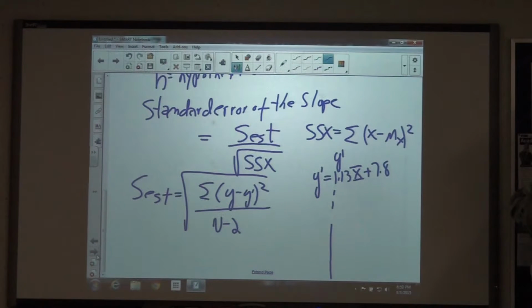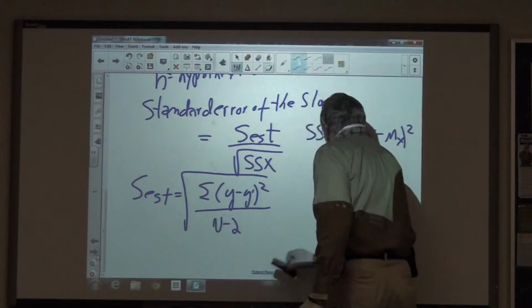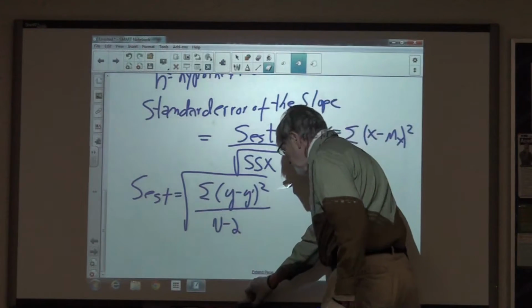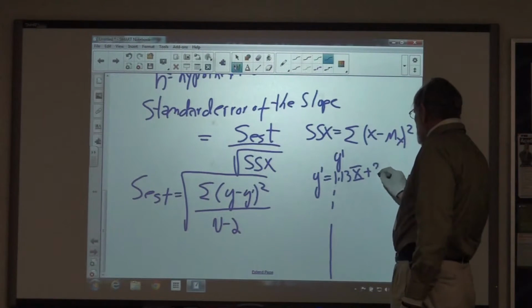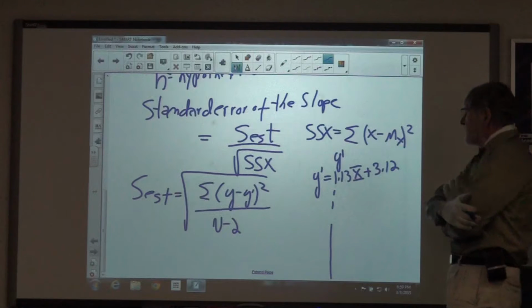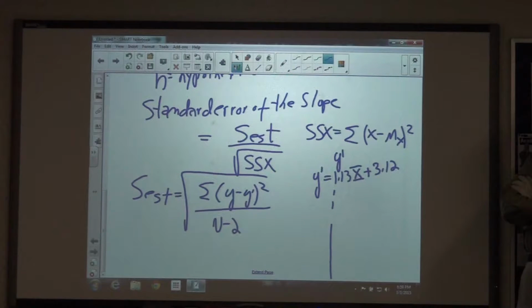For every x, you have to generate its y prime, which is its point on the regression line. What's the matching y prime for every x?